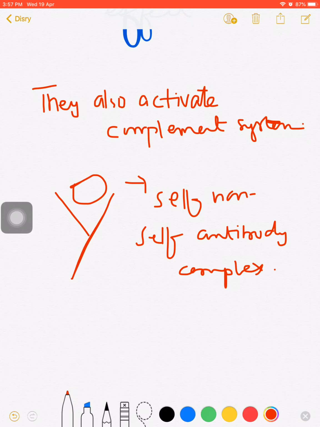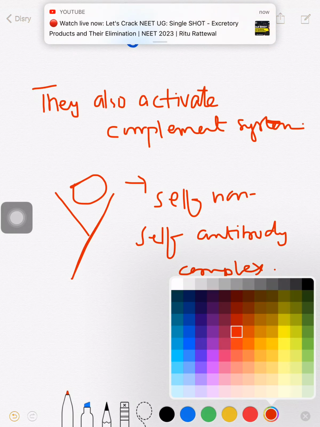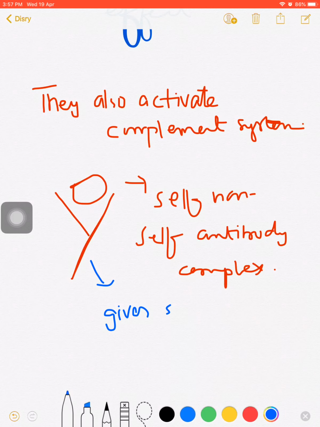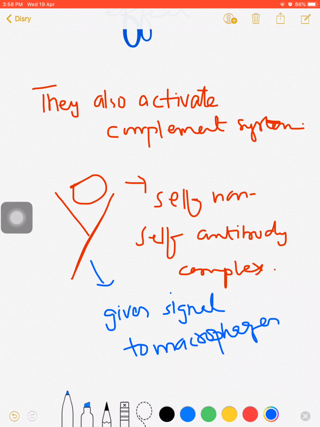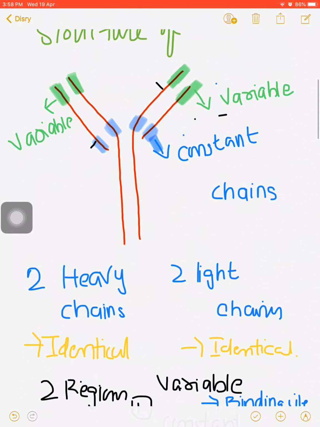When this cell attaches with this antibody, it gives a signal that macrophages should come and kill this cell. So I hope the antibody structure and all the functions are clear to you.